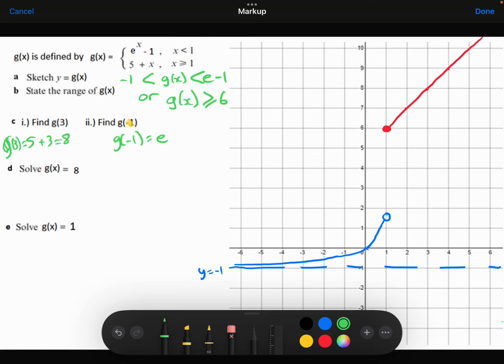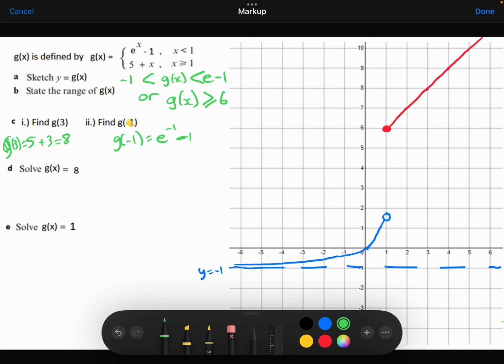So we'll have e to the minus 1 minus 1. And again, if you were going to use that as a decimal, you'd get minus 0.63 to 2 decimal places. But I'm going to leave my answer like that because that's exact.